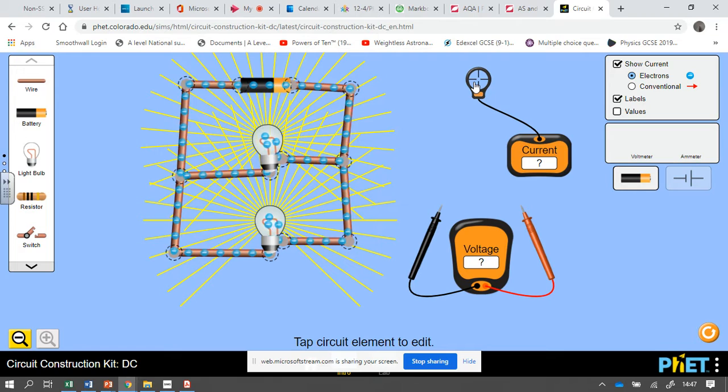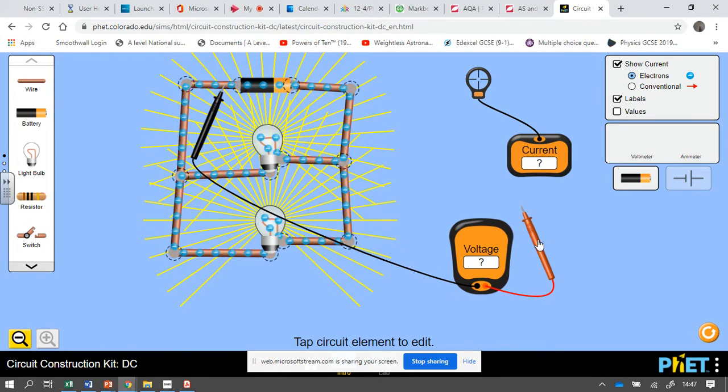Now, the main difference between series and parallel circuits is that in a parallel circuit, each component that's connected in parallel gets the full voltage. So let me show you. So this cell, or battery of cells, is a 24 volt cell.